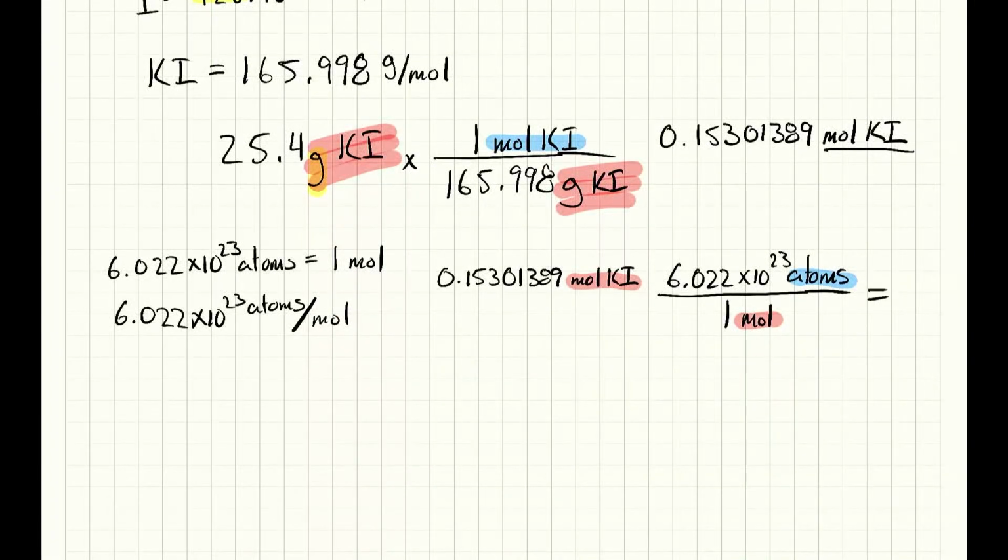I ran out of space here, so I'm just going to write it down over there. I'm going to do our 0.153, a long number, and multiply that by 6.022 times 10 to the 23. So our final answer here should be 9.21 times 10 to the 22 atoms of potassium iodide.